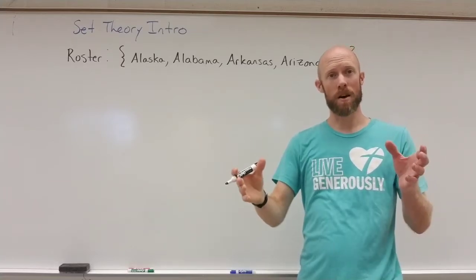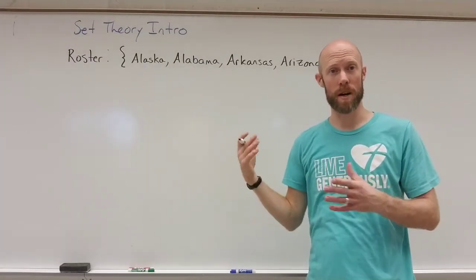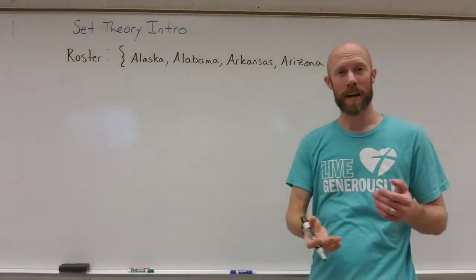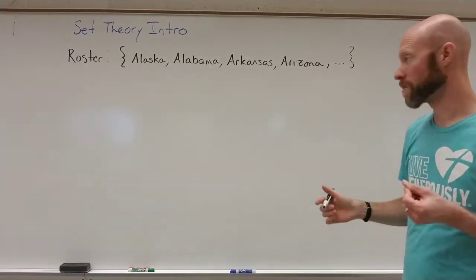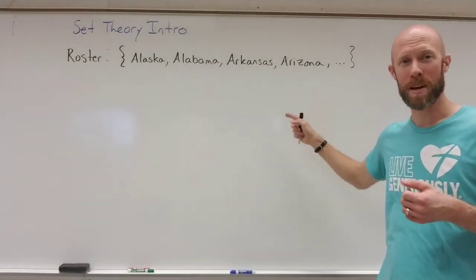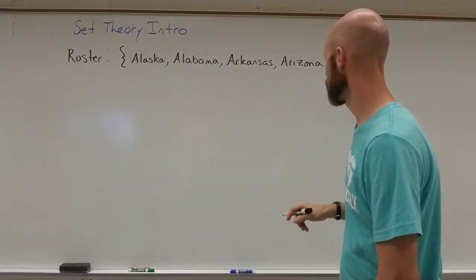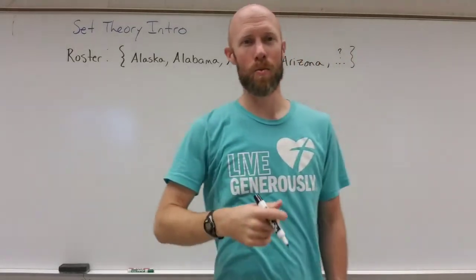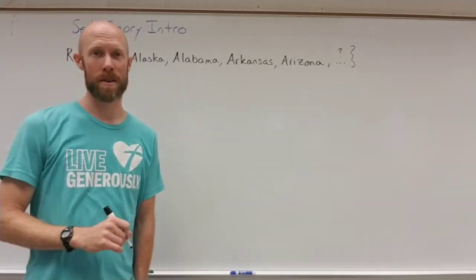Just looking at the set itself, it's not clear what all is going in there. It could just be states whose name starts with the letter A, or something like that. And so we don't know, it's not well defined yet. It would be well defined if you just continued to list them all off. Obviously I'm not going to do that. So that ellipsis is not really an appropriate thing to use for this set. I'm just trying to save some time and space.